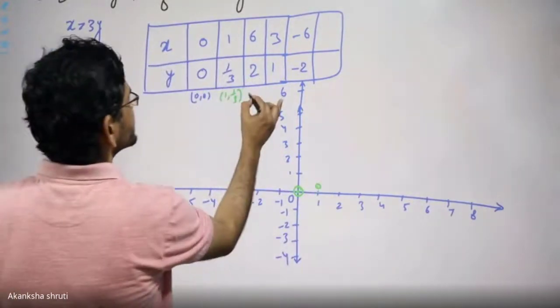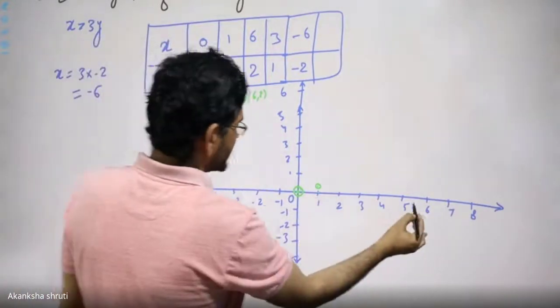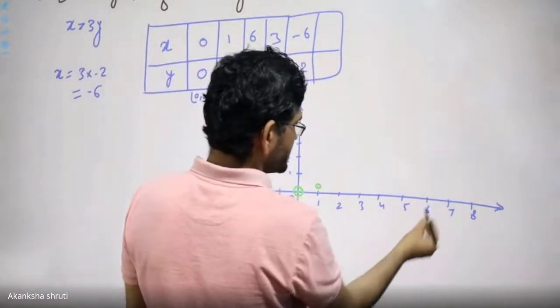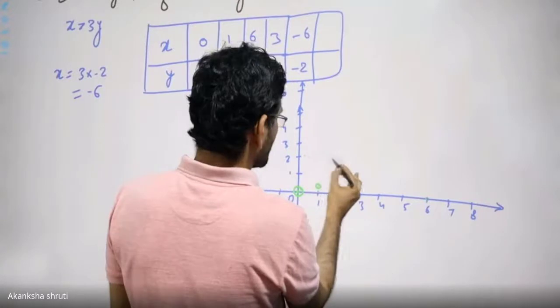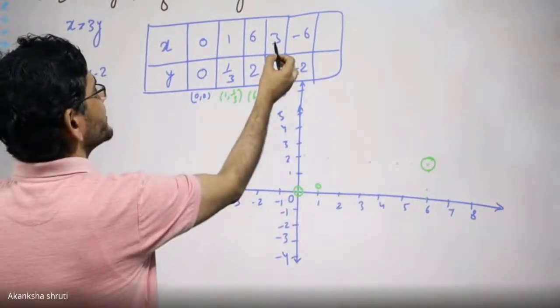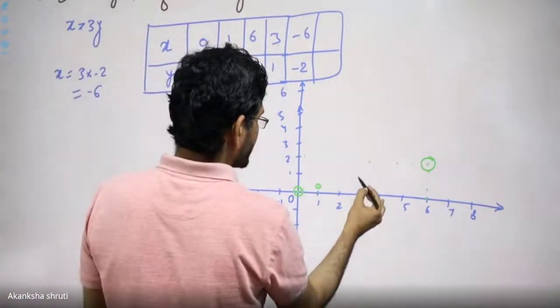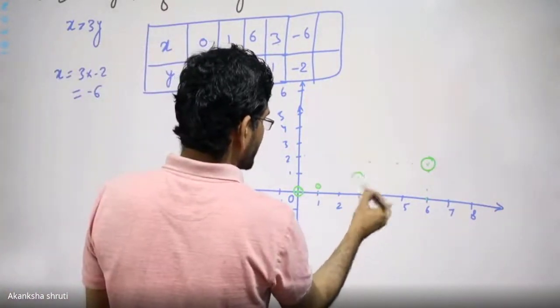Students, the next one is x is 6, y is 2. X is 6 here, y is 2, so it will come here. If we take x equals 3, y is 1, and it is here.